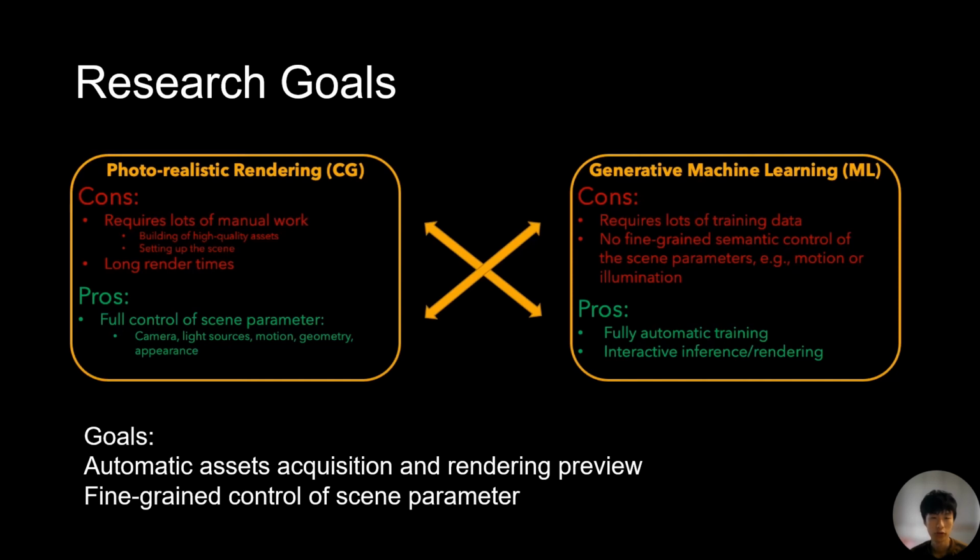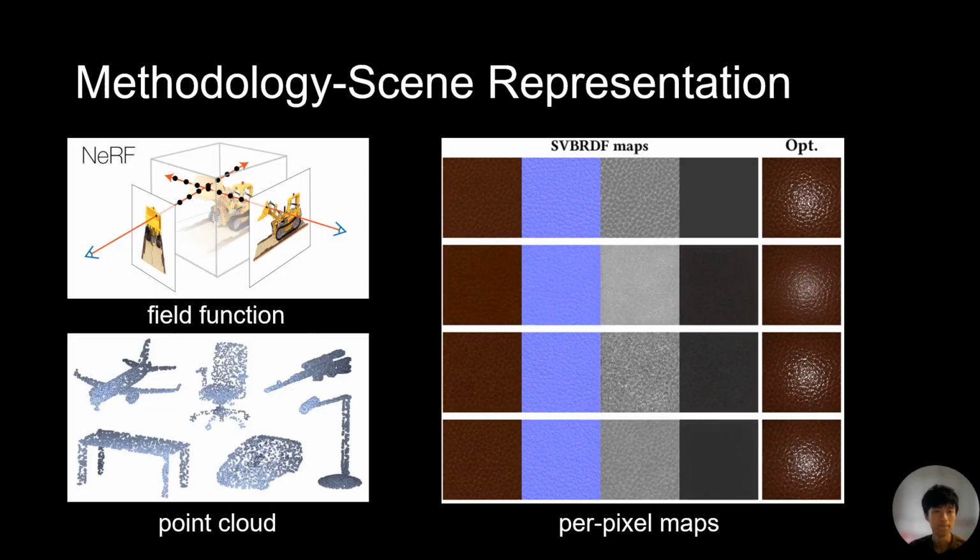While generative rendering techniques have full automatic inferencing ability, they require lots of training data and have no fine-grained control over the scene. Thus, our goals are to provide quick asset acquisition and rendering preview creation while maintaining fine-grained control of the scene parameters. Ideally, the training process shouldn't require too much training data.